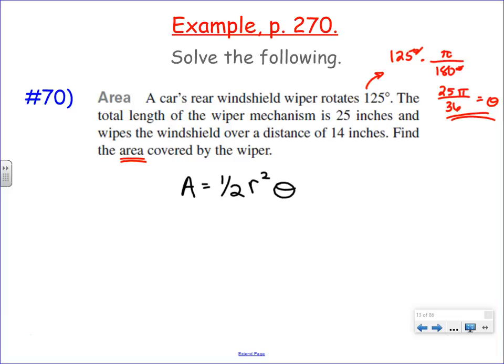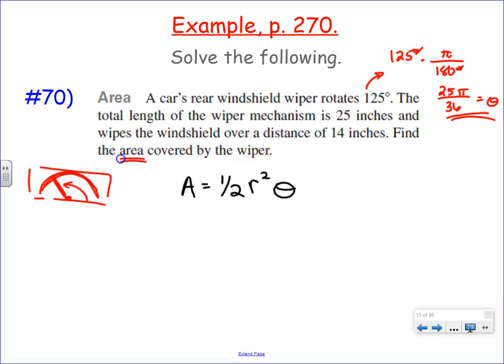R. Who's R? 25? No. Hold on. Let's draw our little back windshield, right? There we go. And then we have our little range of our windshield wiper, right? And then we have it turning 125, so there's 90 over here somewhere. Okay.